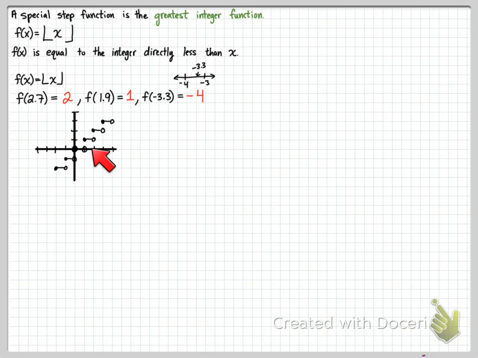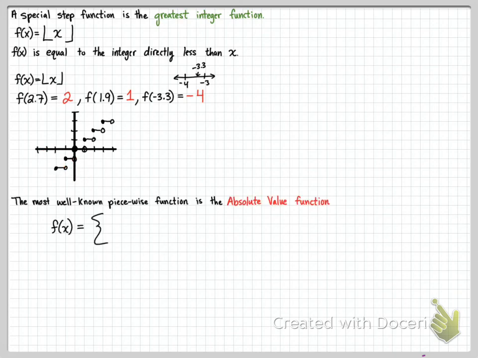Then we're going to go negative 3.3. So negative 3.3 is in between negative 3 and negative 4. Remember that because we're going backwards. It's not in between 2 and 3. It's in between negative 3 and negative 4. So we're going to go negative 1, negative 2, negative 3, negative 4, and it's going to be in between negative 3 and negative 4.